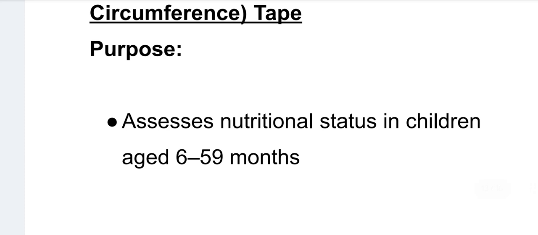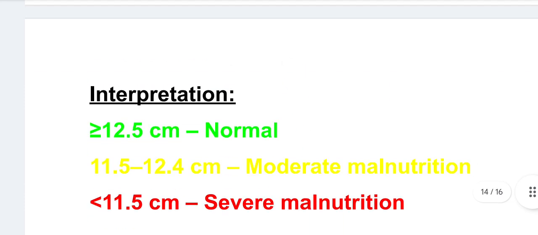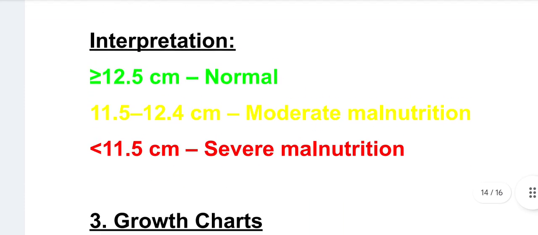Those who are 6 to 59 months are ready for you to start them on MUAC. As you saw in the picture I depicted in the preamble, that tape is red, green, and yellow.